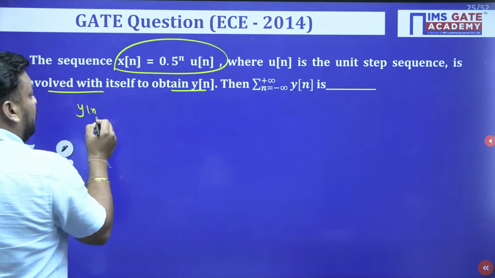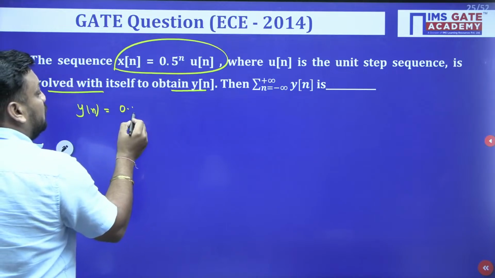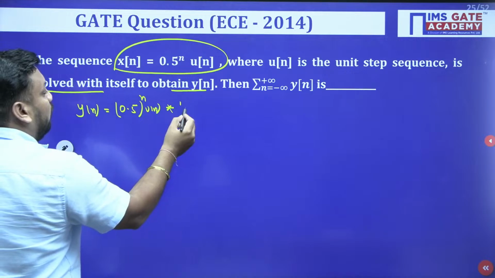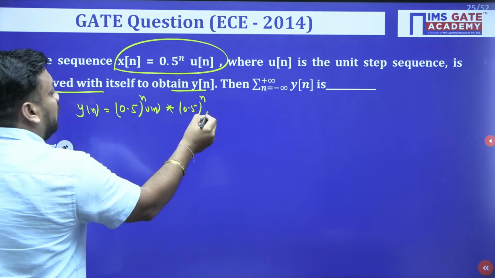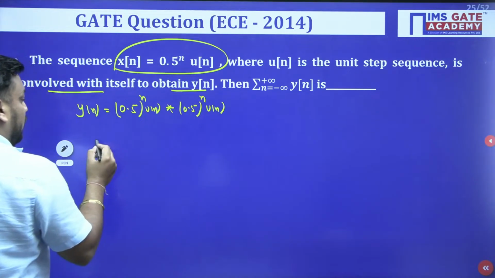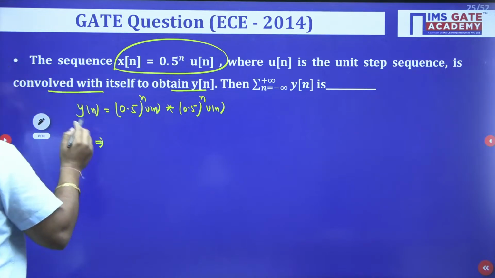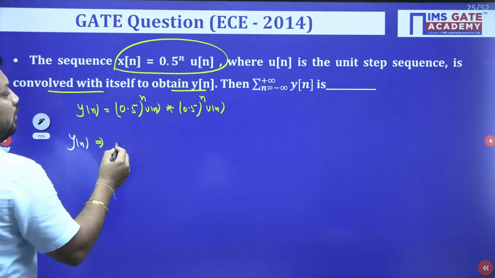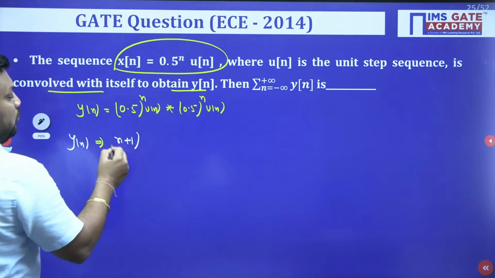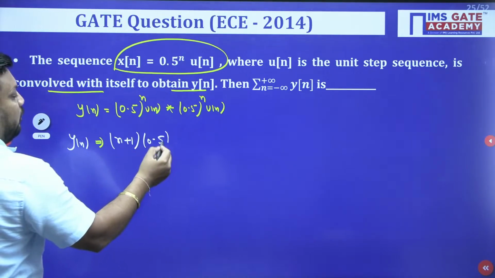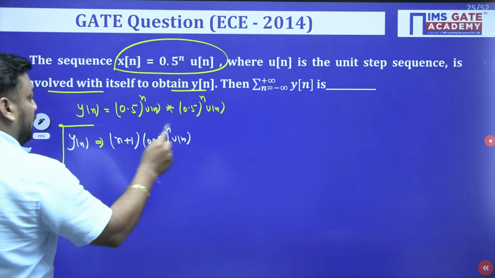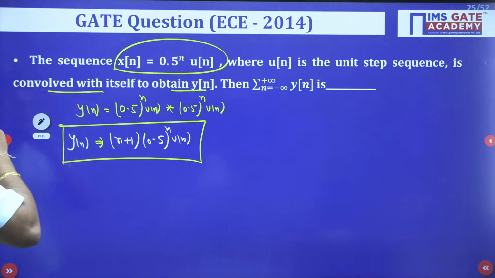Shall I write y[n] equal to 0.5^n u[n] convolved with 0.5^n u[n]? So you will get a^n u[n], and your y[n] is nothing but (n+1) times 0.5^n u[n]. So this is your y[n].